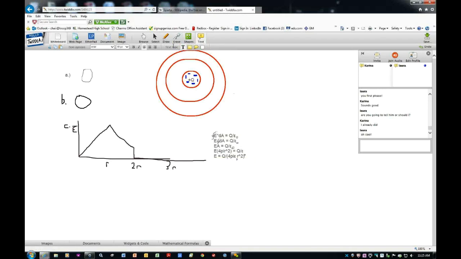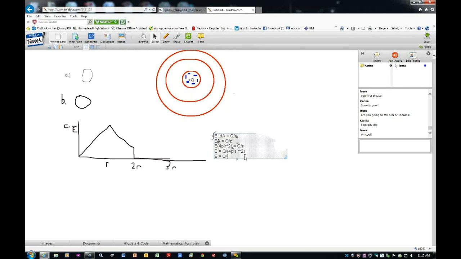So actually, let me click on that a little bit, if it lets me do it. Okay, so you're going to have the E field equal to everything that you have there.